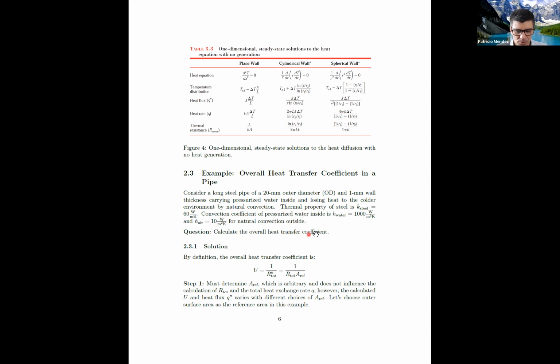The question is, calculate the overall heat transfer coefficient. Before I do anything else, I would like to hear your thoughts.